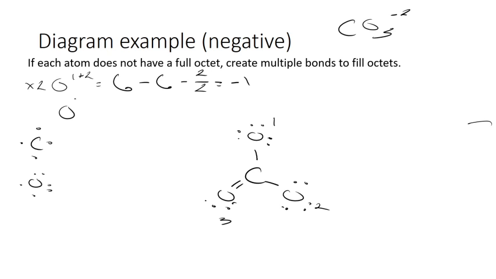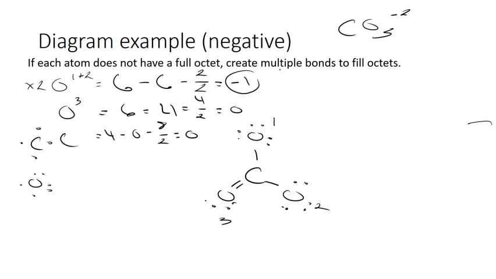We've got oxygen 3, which has 6 valence electrons, 4 lone pairs, 4 bonding, 0. Carbon, 4 valence electrons, 0 lone pairs, 8 bonding electrons, 0. Right? Which is great, because we've got 2 atoms with -1, which makes overall -2. Everything checks out.